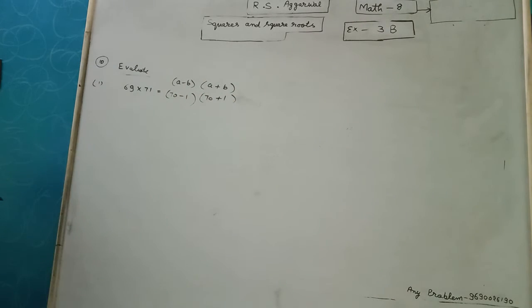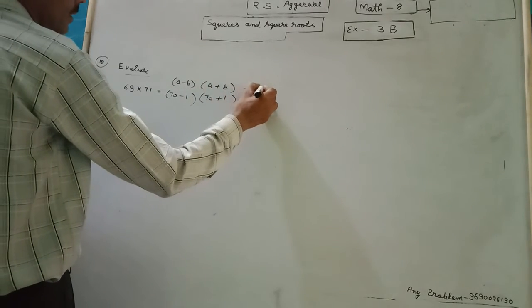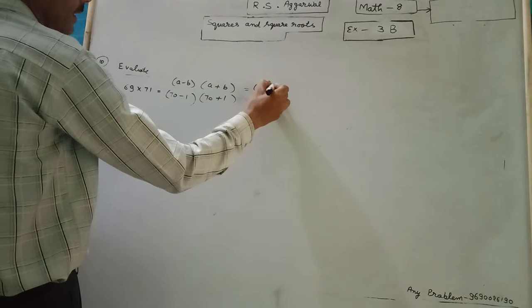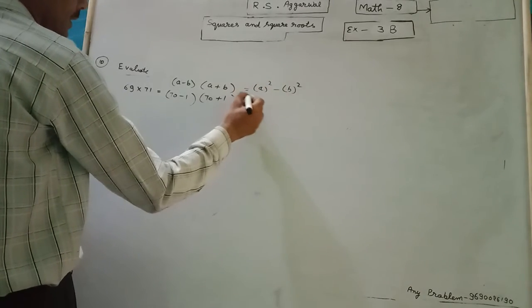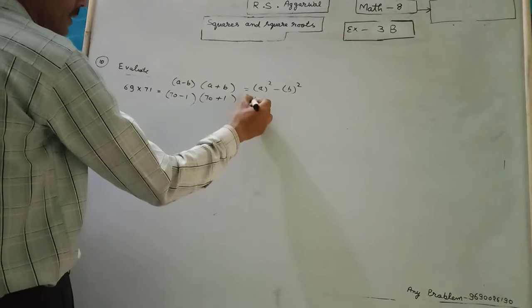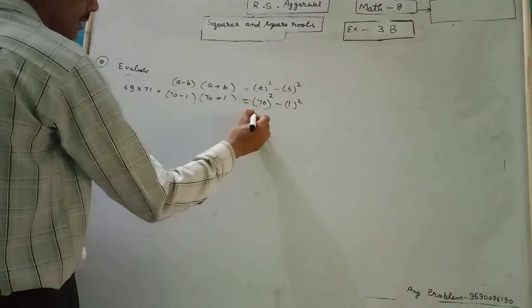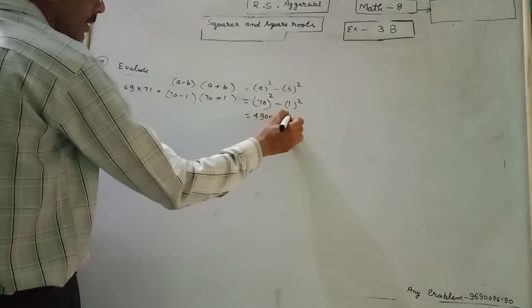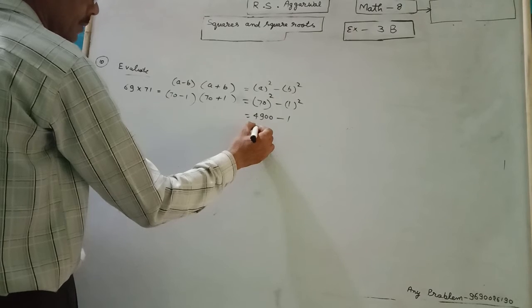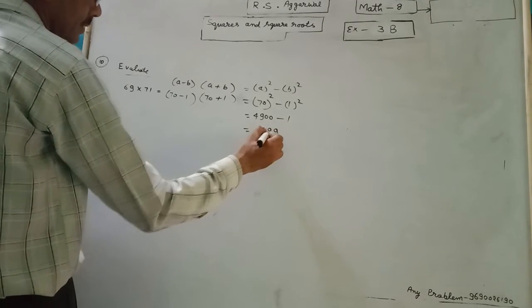Now A will be 70 and B is equal to 1. Identity is A square minus B square. 70 square minus 1 square. 70 square is 4900, minus 1, after minus 4899.